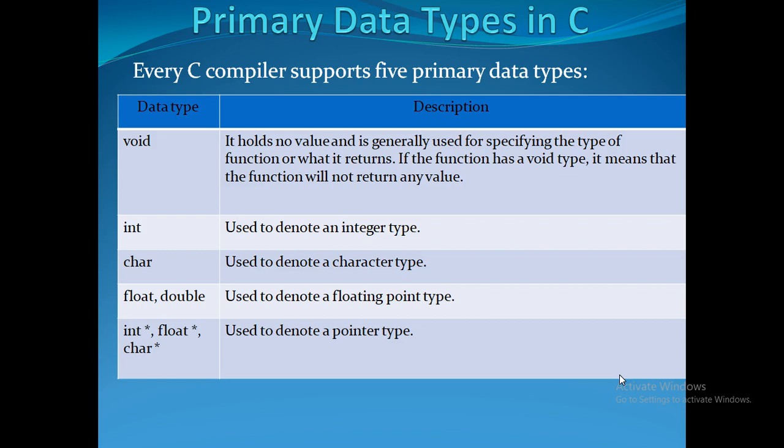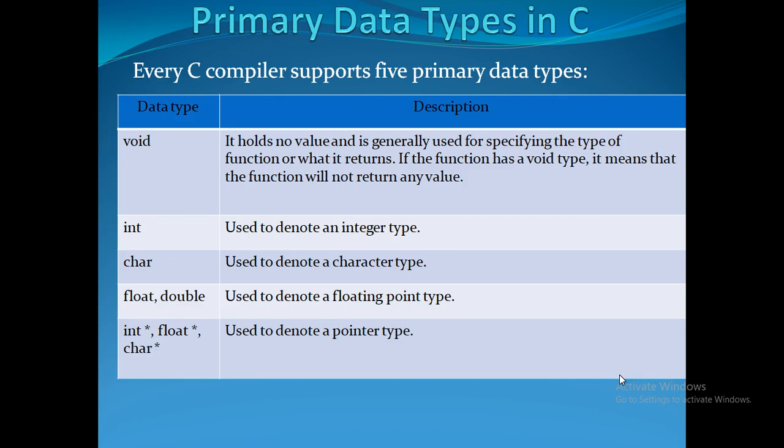First one, void. It holds no values and it's generally used for specifying the type of the function, or what it returns. If the function has a void type, it means that the function will not return any value. I just discussed the function of a program. We are segregating the program into small functions. At that time, there is a question: what is the functionality of this particular function?